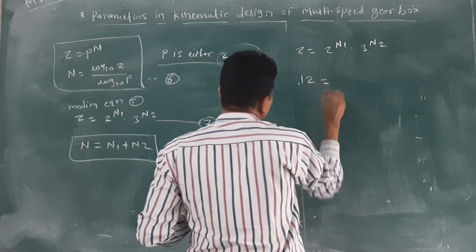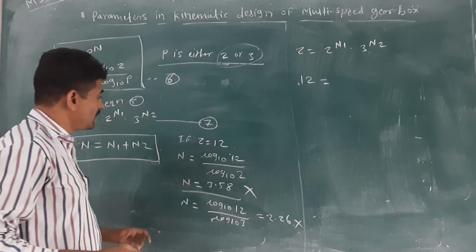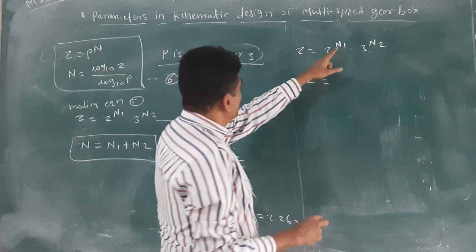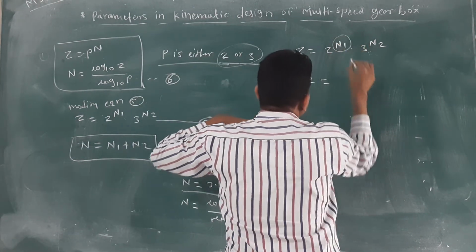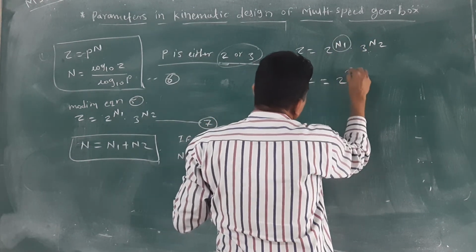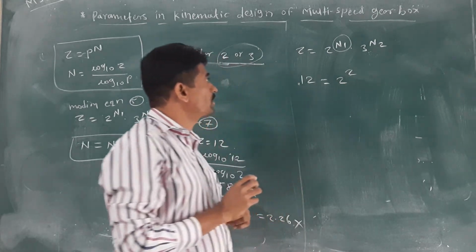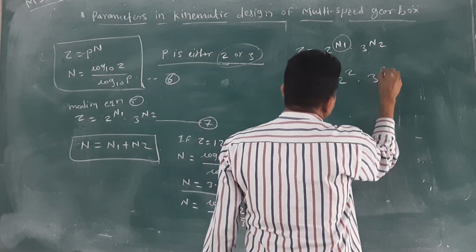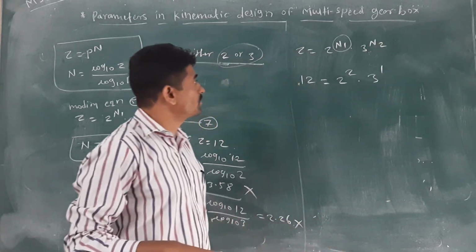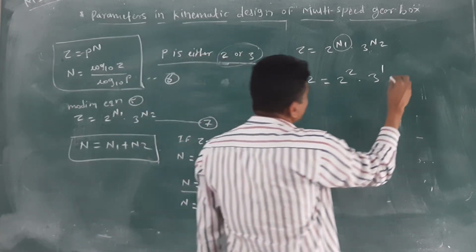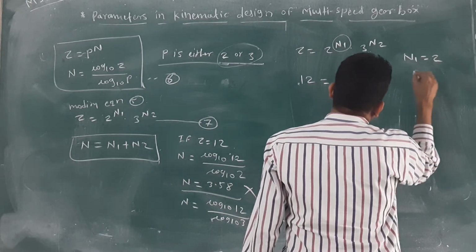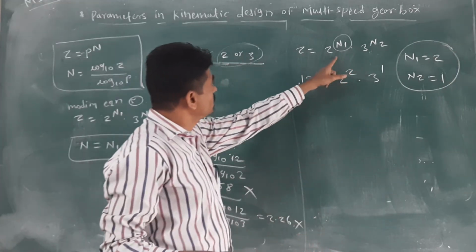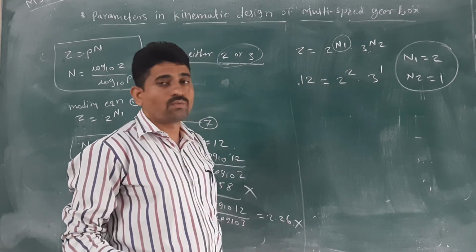Here z is 12, so 12 is equal to 2 raised to n1 into 3 raised to n2. What is the value of n1 and n2? n1 is equal to 2 and n2 is equal to 1.